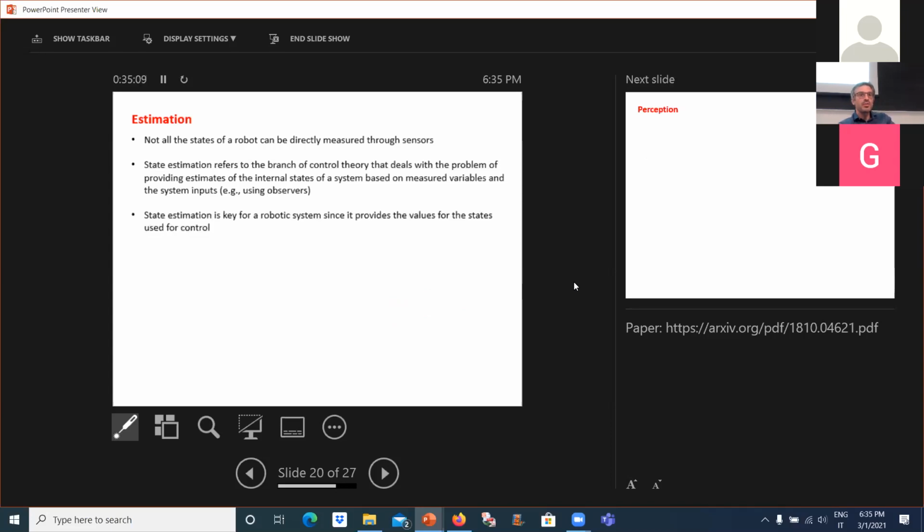For example, observers are a class of these estimation algorithms. And it's very important because if you want to close the loop on these internal states, we need to know an estimate of them.